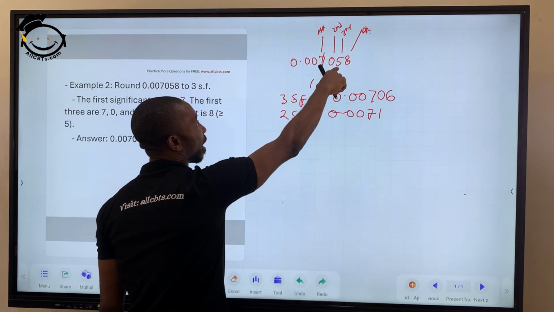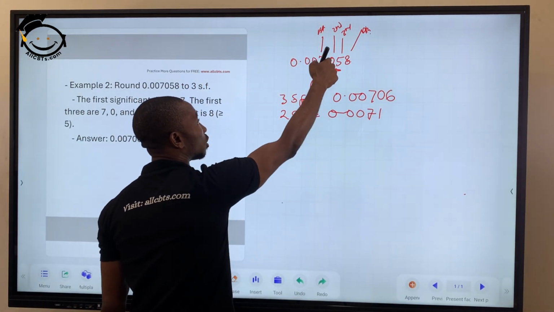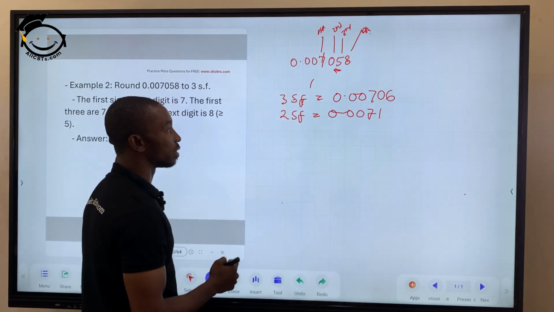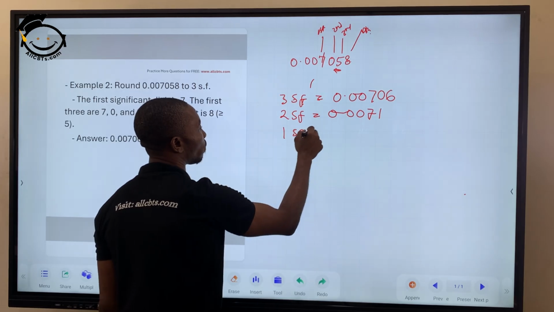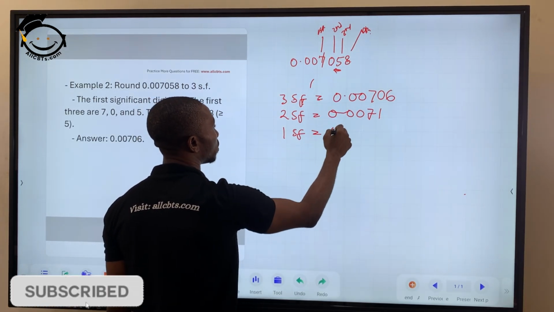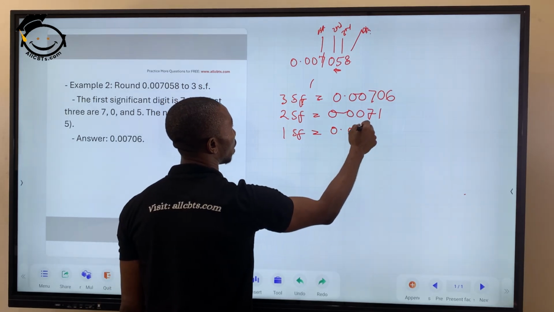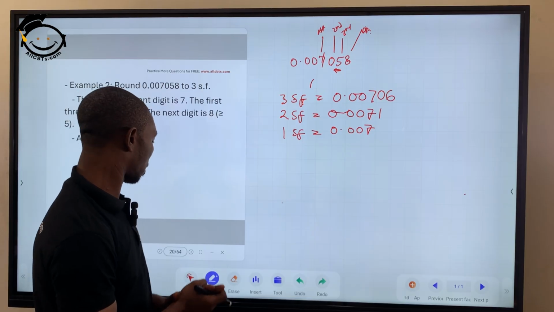Why? Because our 5 is up to 5, so we round it up to 1 and add to 0. But if we are rounding off to 1 significant figure, this is 0, so this becomes 0.007 as our 1 significant figure.